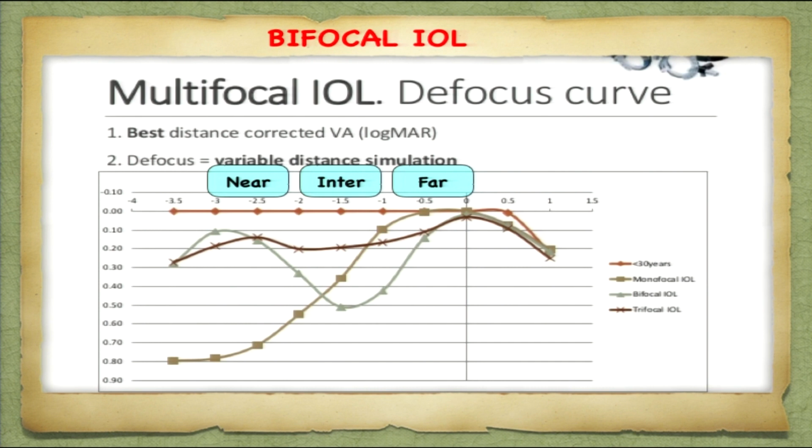A bifocal IOL usually has a V-shaped defocus curve: good far, poor intermediate, and good near vision. This is where the trifocal IOL comes into existence: good far, decent intermediate at around 60 to 80 centimeters, and an expected near vision we should be satisfied with.